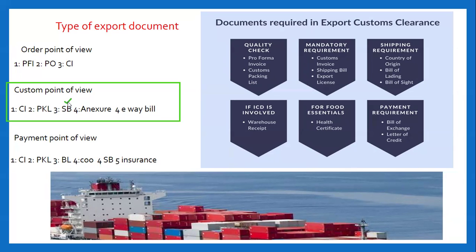When you submit the commercial invoice and packing list, your CHA will file the checklist with customs, and you need to approve this shipping bill as per the details mentioned in the commercial invoice and packing list.